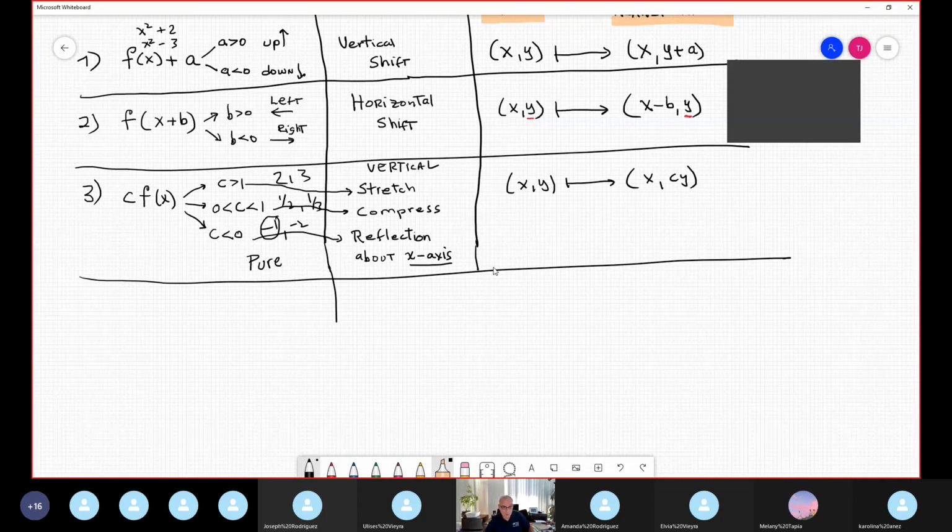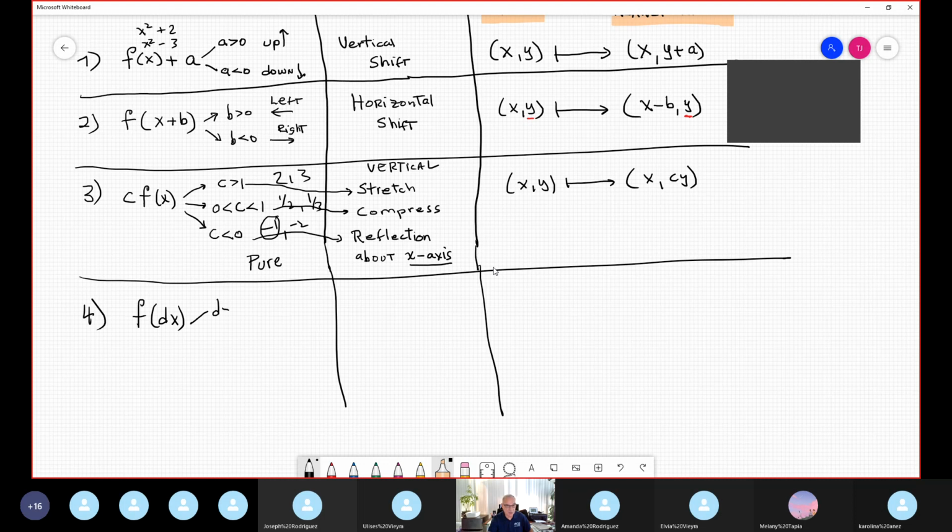Okay. The last transformation. I promise it's the last one, number 4. Now you multiply, but you multiply inside the parentheses. Multiply by a number D. You have 3 possibilities. D is greater than 1, so 2, 3, 4, 5. D is between 0 and 1, equivalent to a fraction less than 1, and D is negative, less than 0.